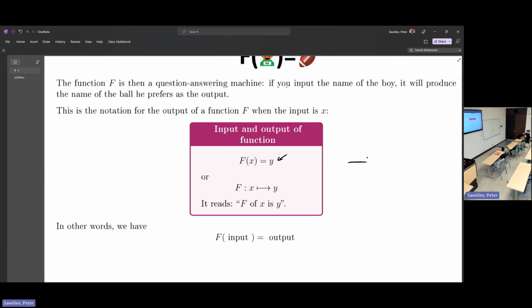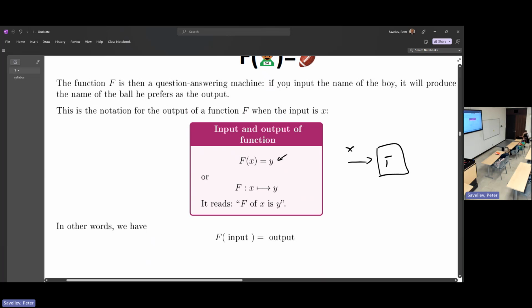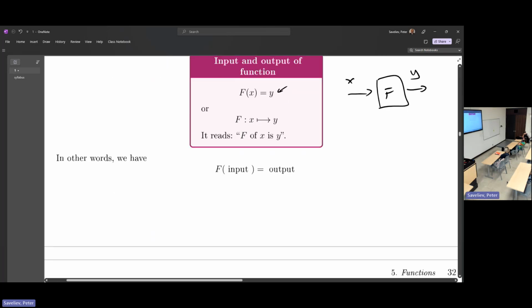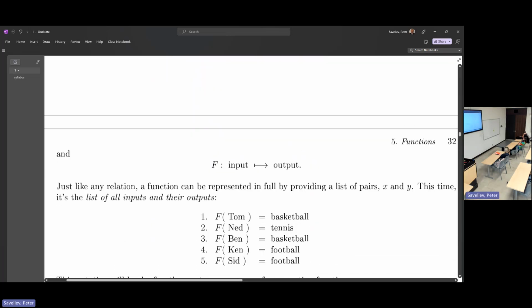So x, f applies, and then y is the output. So that's the order of things, and when the algebra is read, it is read from right to left. X, f, the algebraic notation.